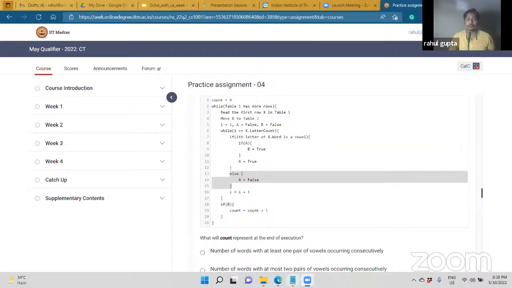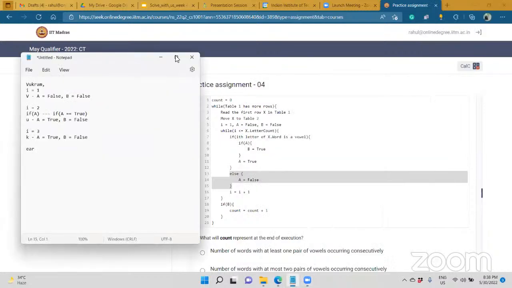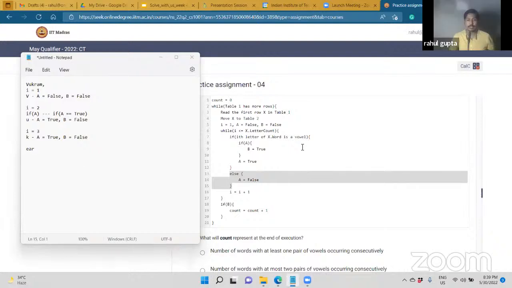Okay, is my screen visible? Yes, sir. For this example now, question number 7. I'll go to while i is less than x dot letter dot count.